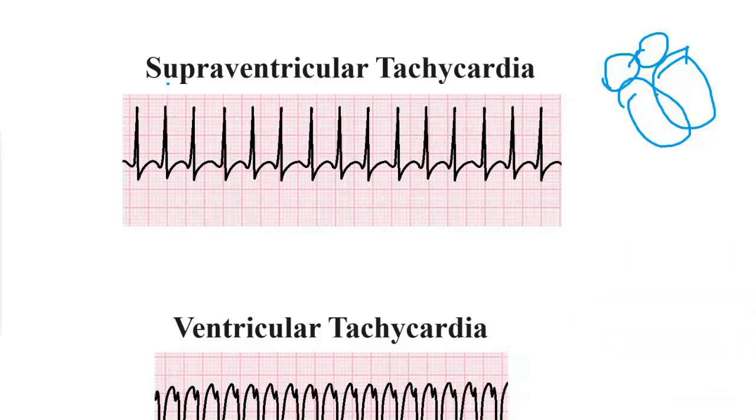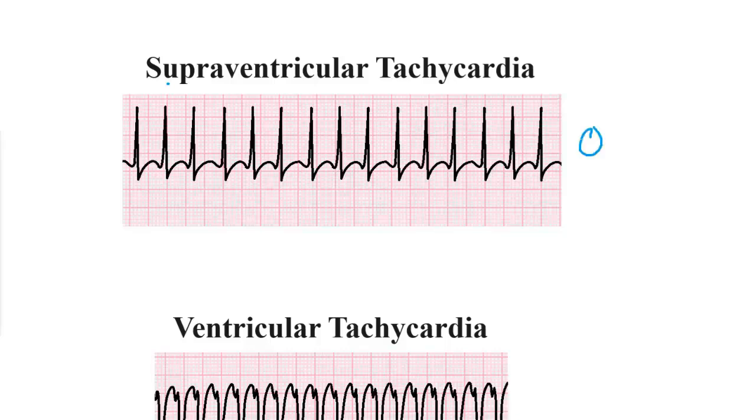So the source of depolarization of the ventricle in these patients is above the ventricle, presenting with a fast heart rate. And one important feature in these patients is that QRS interval is less than 80 milliseconds. So the QRS interval is pretty narrow, less than 80 milliseconds.